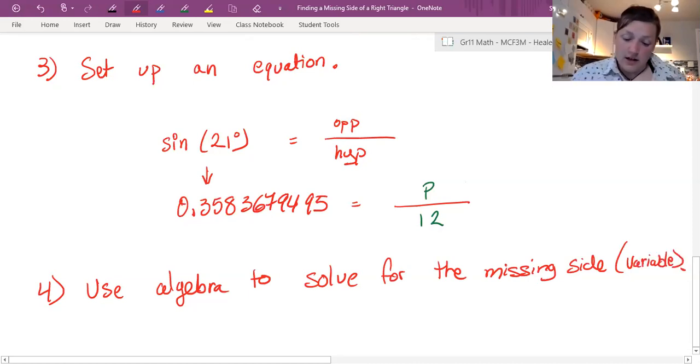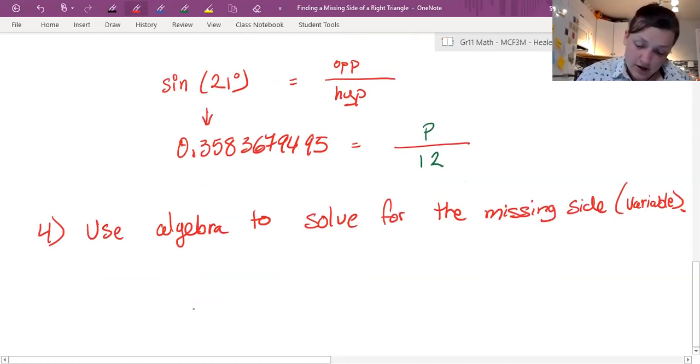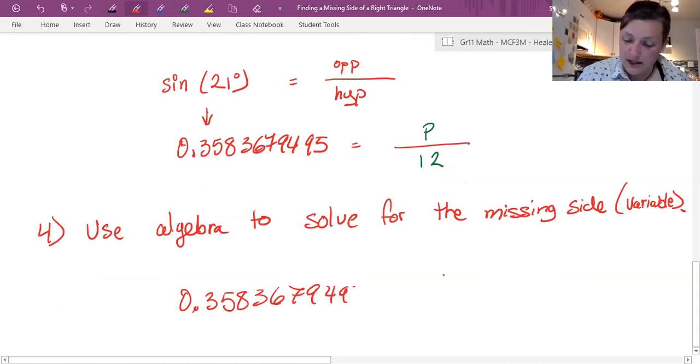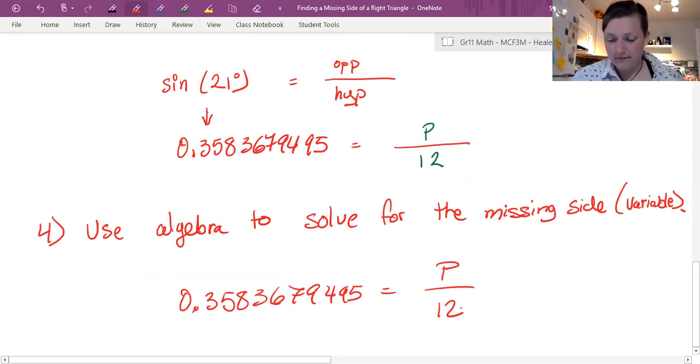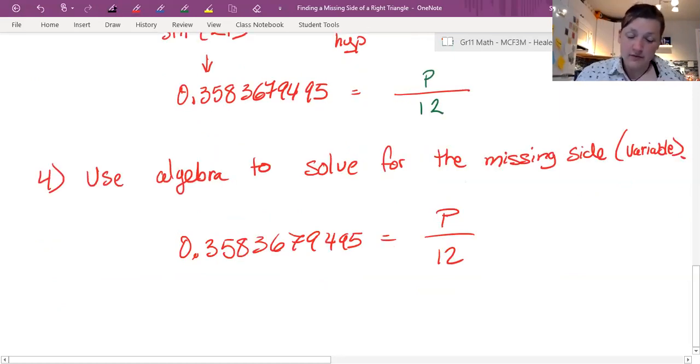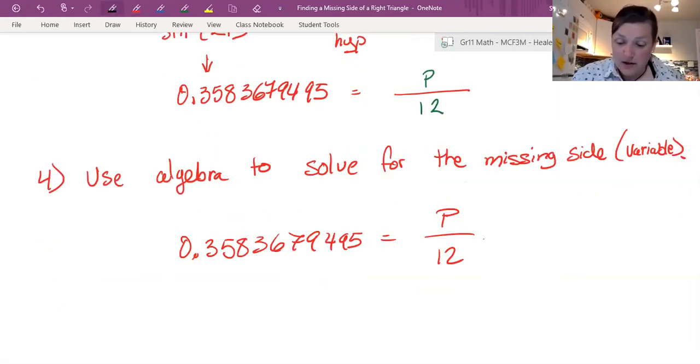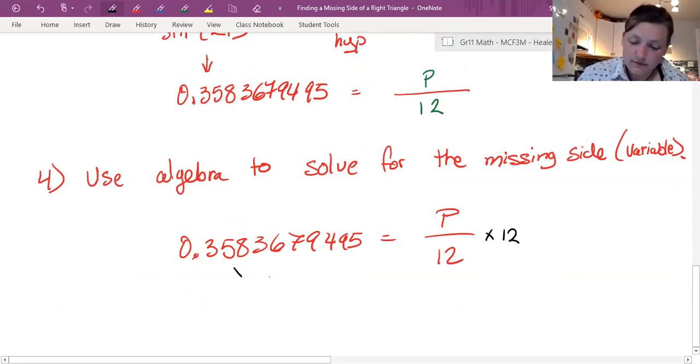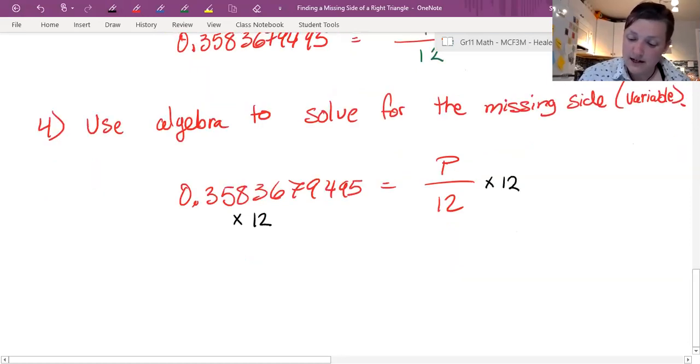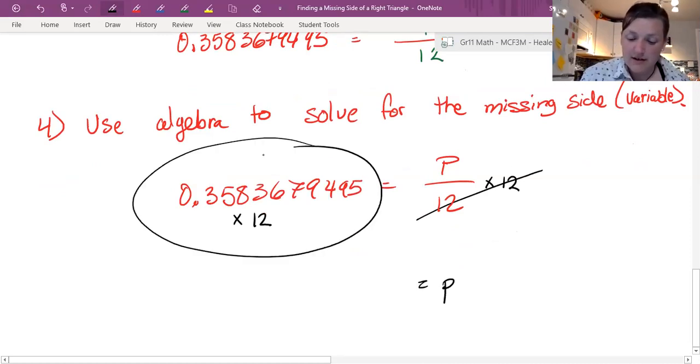This is our equation: 0.35836799495 equals P over 12. I just copied it down. We need to get the P on its own. Right now P is being divided by 12, so we do the opposite and multiply both sides by 12. On the right-hand side, they cancel out and we're left with just P. That's what we wanted. On the left-hand side, we have this big, long number times 12.